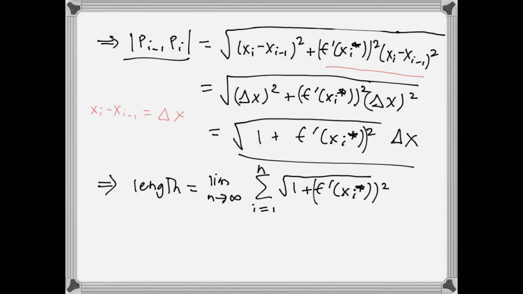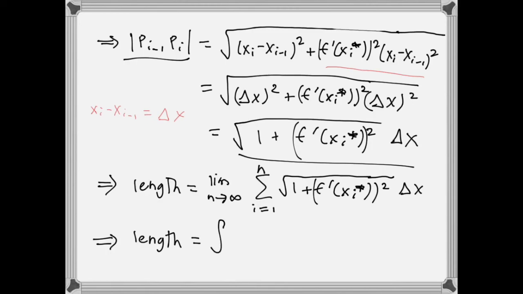Sorry, this whole thing should be squared. It's easy to forget parentheses here when you've got so many, right? And then I have the delta x. But we should recognize this guy on the right. Because there's a function of x_i star in here, and then we have a delta x as well, this means that we can write it as a definite integral instead.